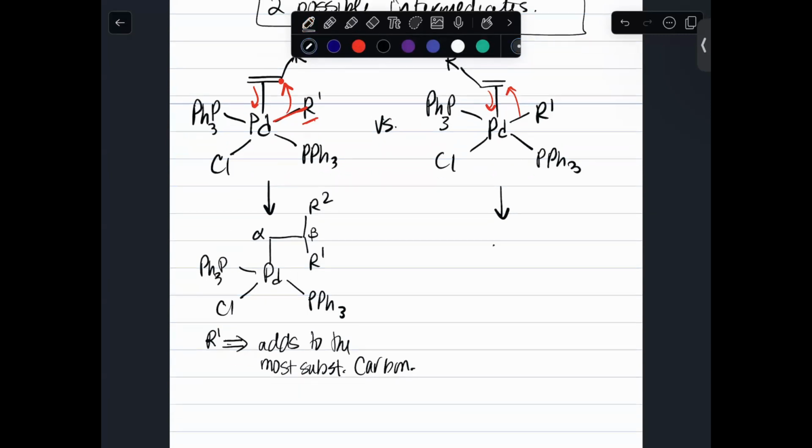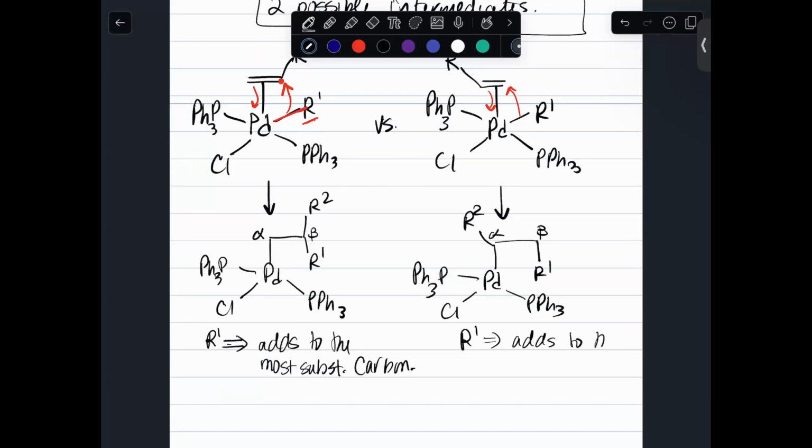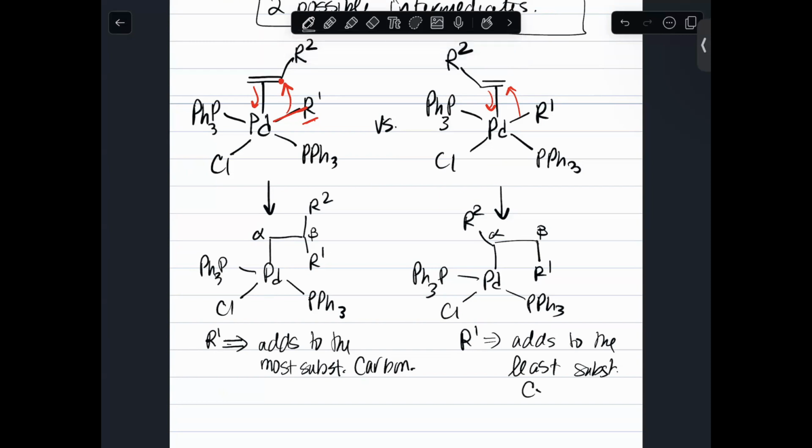And so if we take a look at that, again, this is my alpha and beta carbon. My R1 adds to the least substituted carbon. So those are my two possibilities.